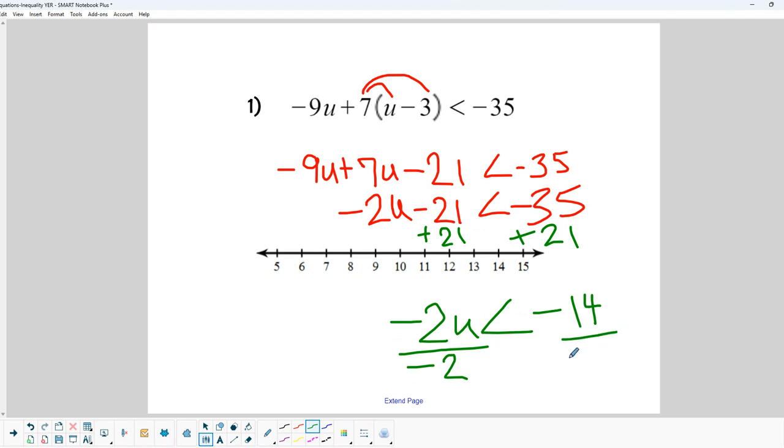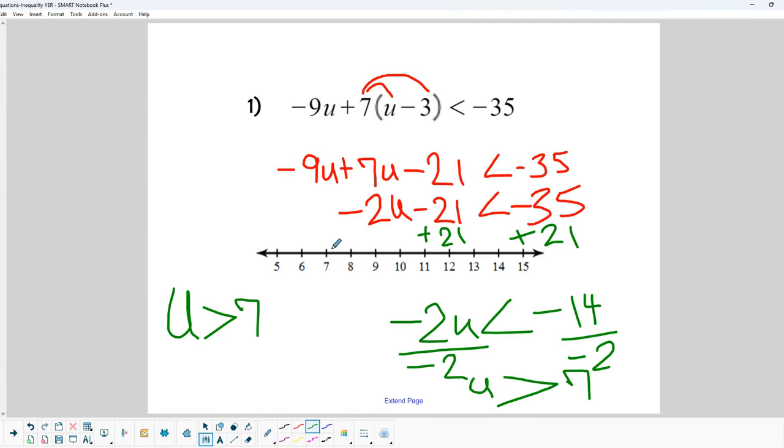But this is where we have to remind each other that when you divide by a negative while solving an inequality, you flip the arrow around. So you end up with u is greater than negative 14 divided by negative 2, which is positive 7. So let's write that again over here a little clearer. u is greater than 7.